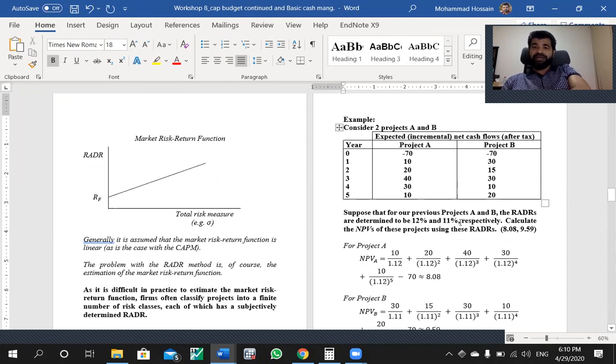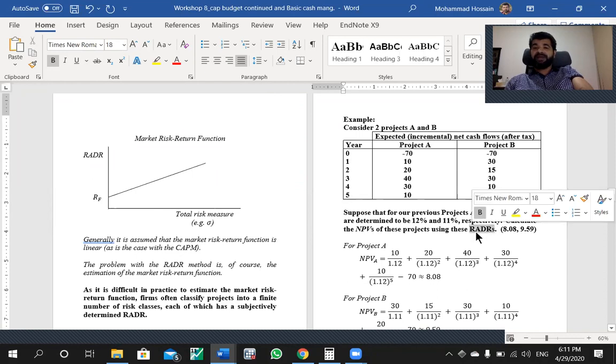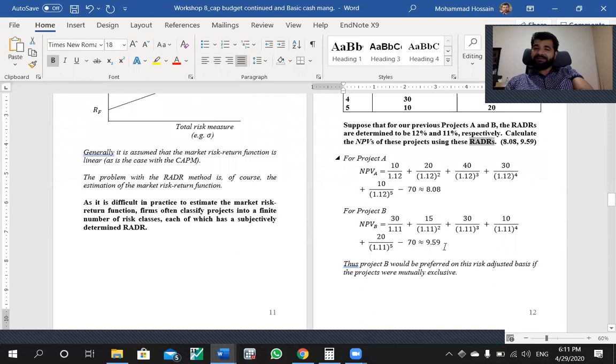Two projects, project A and B. Here it is talking about our return, how much? 12% and 11%. Calculate the net present value of this project using the RADR method. How do you do that? It's exactly the same thing. You just have to use 12% as your RADR, as your interest rate. What was our interest rate before?